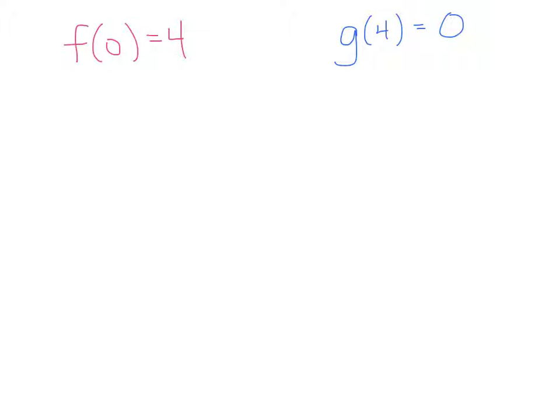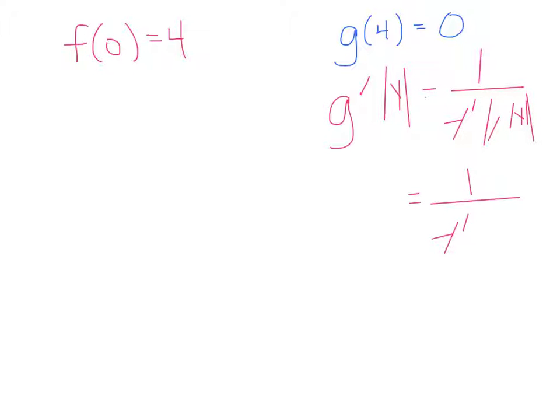And if you look on your first page of your notes, so when we go back here, we have g prime of 4, by the definition that's on your notes there, is going to be 1 over f prime of g of 4. So it's going to be 1 over f prime at g of 4, or at 0.